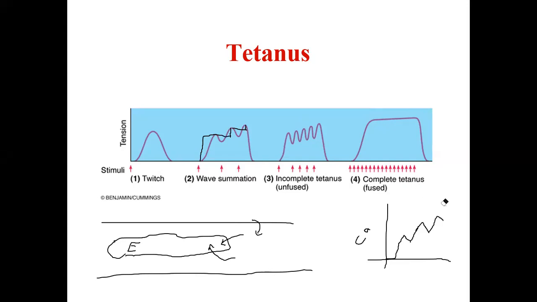Now, I'm sure most of you have heard of a disease called tetanus. Now, what happens in such a case? You have an infection, and that will initiate continuous stimulation of the muscles.